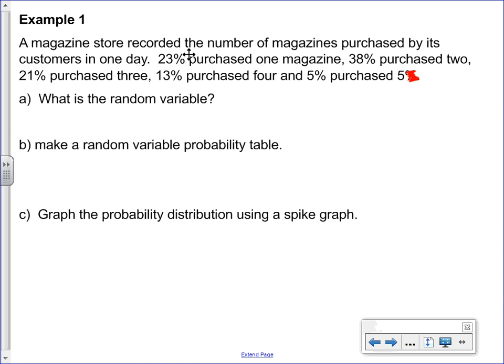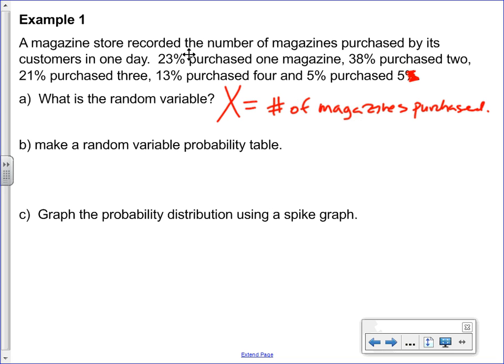Sorry, not 5%, just purchased 5 units. How would you describe the random variable? What would that be for X? X equals number of magazines purchased.